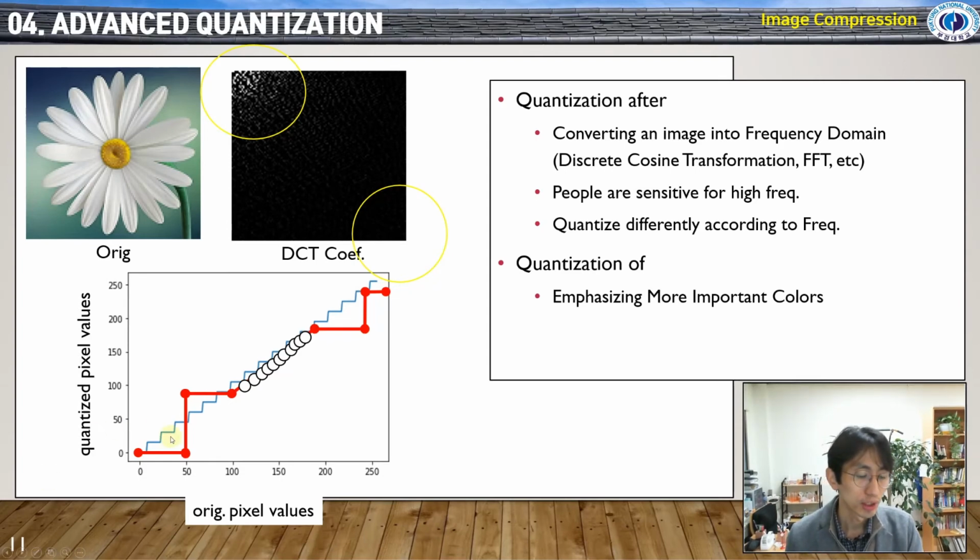So if we can choose 16 points according to the y-axis, then we may choose just 2 points between 0 and 100, and from 100 to 200 we may choose lots of points. Then we can quantize the image, and the quality of the quantized image will be a lot better.